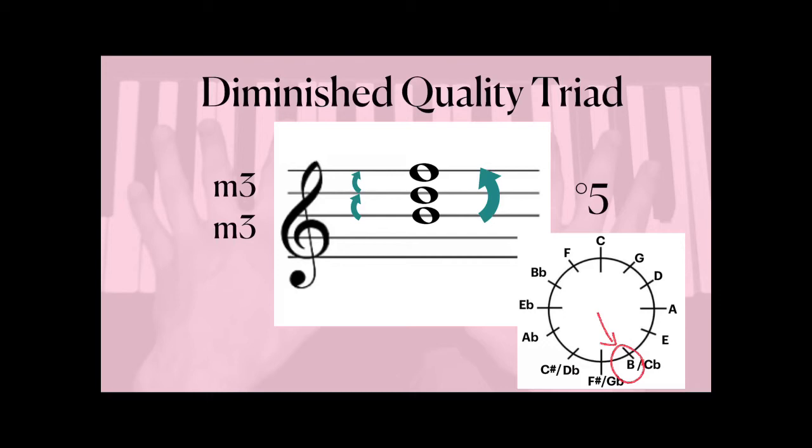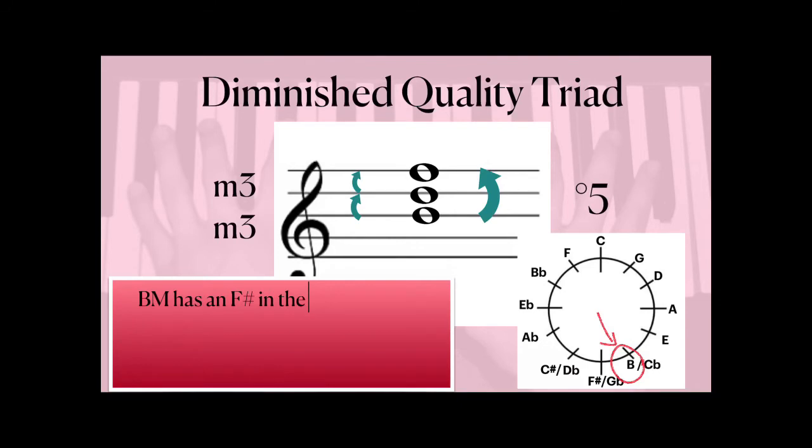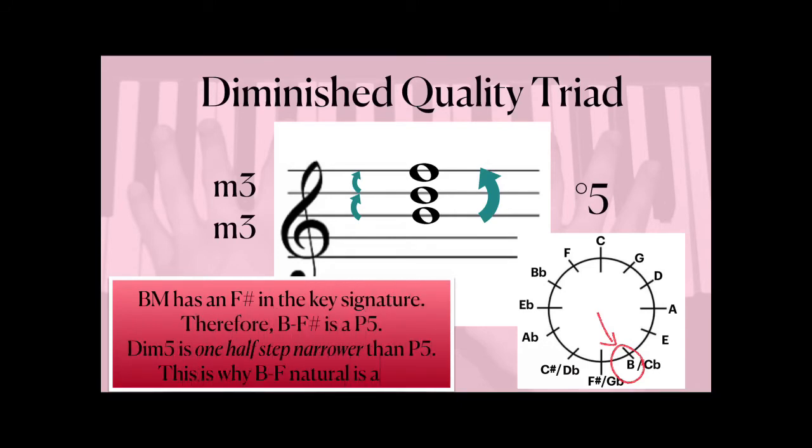In other words, we'd need to bring that F sharp down a half step. A B major has an F sharp in the key signature. Therefore, a B to an F sharp is a perfect fifth. A diminished fifth is 1 half step narrower than a perfect fifth. This is why B to F natural is a diminished fifth.